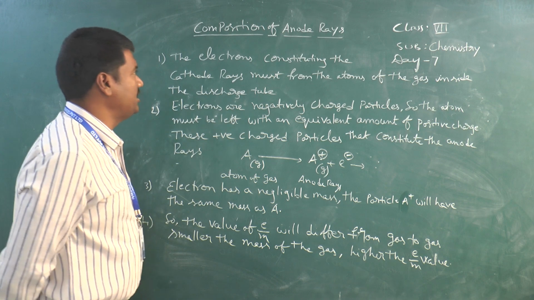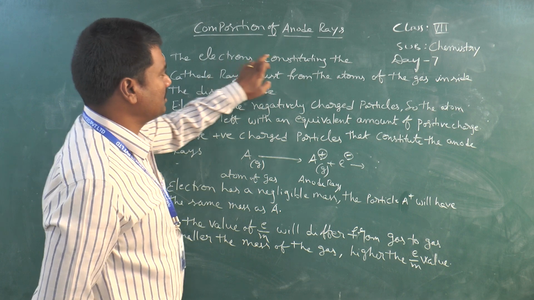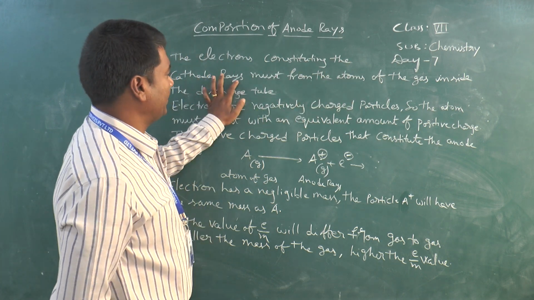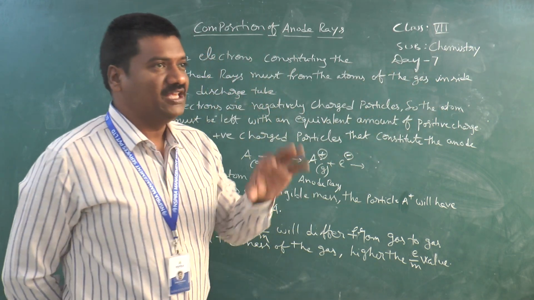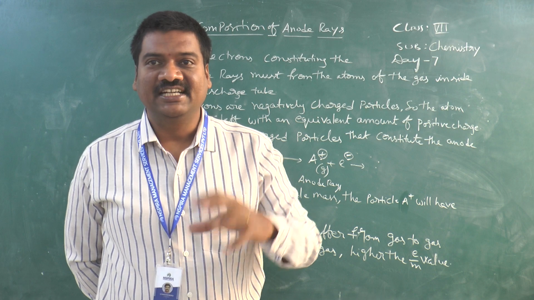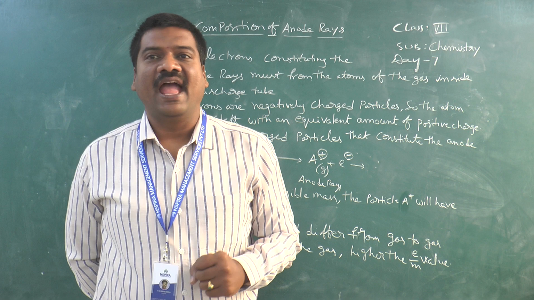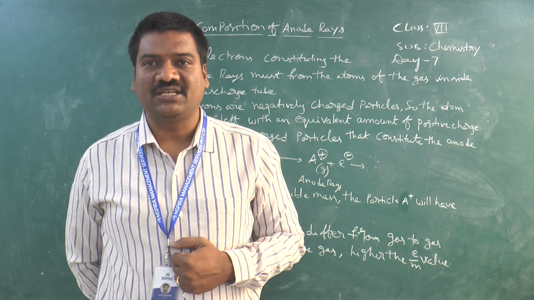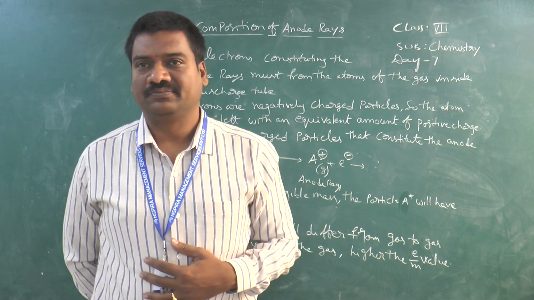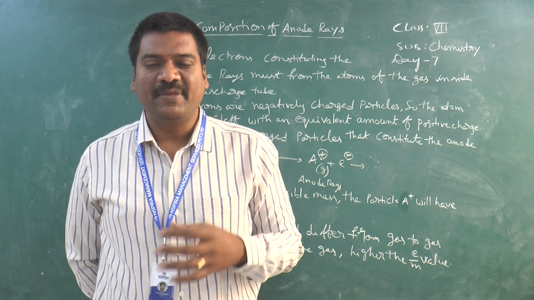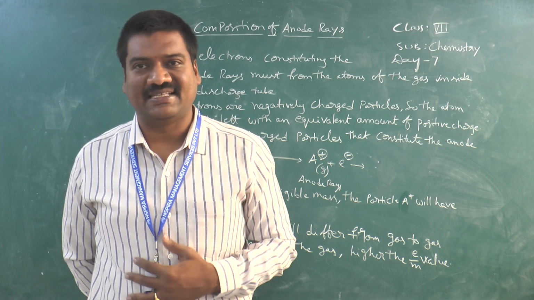Now, the points related to composition of anode rays. The first point: the electrons constituting the cathode rays must come from the atoms of the gas inside the discharge tube. Whatever gas we take in the discharge tube, by applying high temperature and low pressure conditions, some invisible rays come towards the cathode as well as the anode. Those we take as electrons.